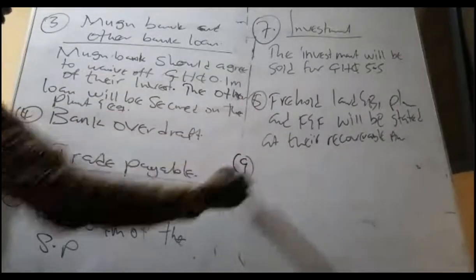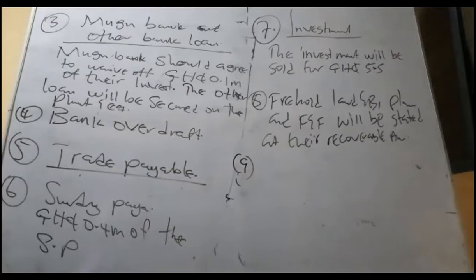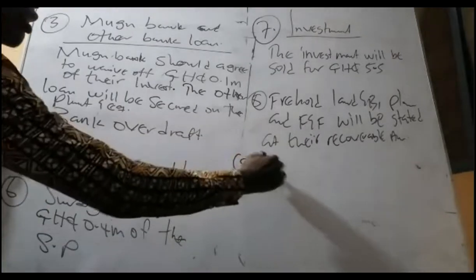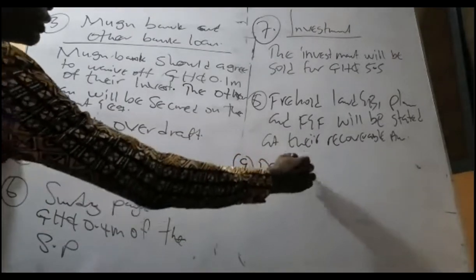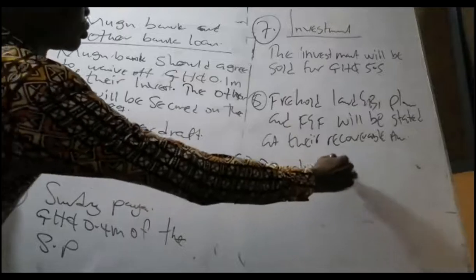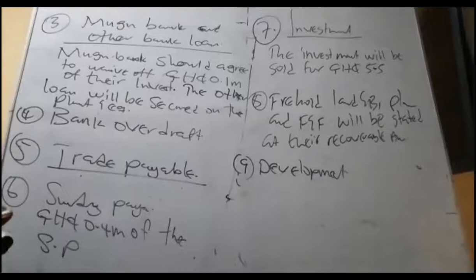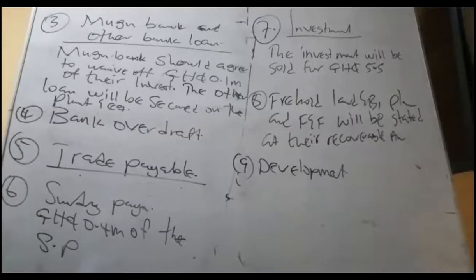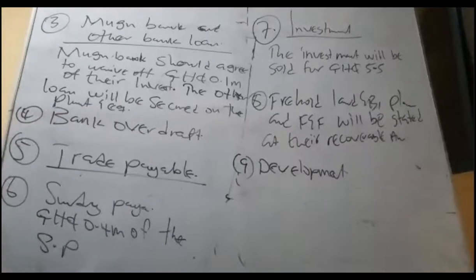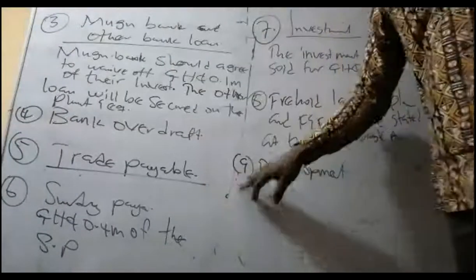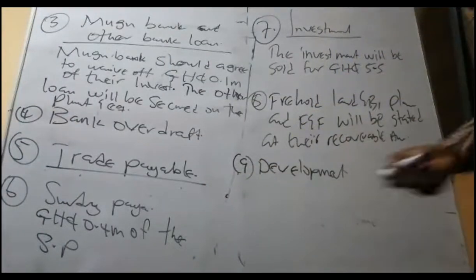Note 9. Go to the development expenditure. The development expenditure should be written off together with the income surplus. Here, in fact, we're supposed to write them individually, but let's put all of them together.